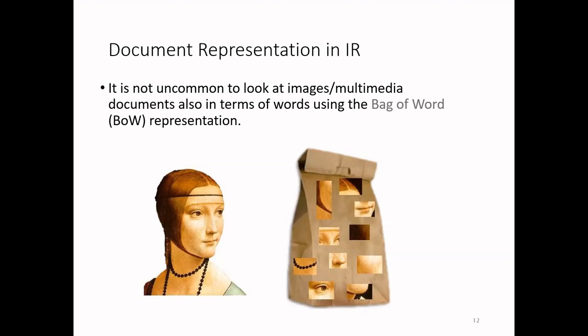The only thing is that in the case of textual documents, the keywords are already there. But in the case of pictures, if you want to use the bag of words representation, you have to figure out how to define those keywords, how to come up with those image patches which will serve the function of words for the bag of words representation. All right.